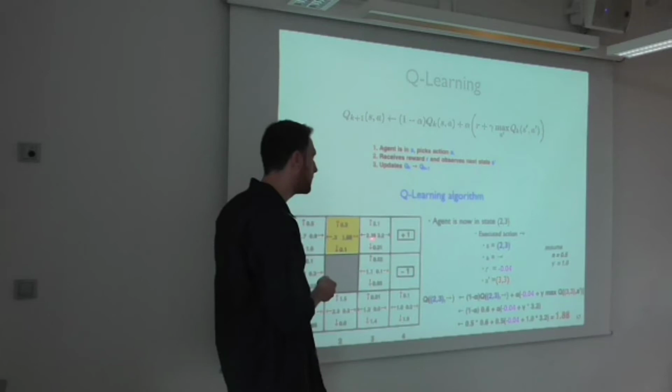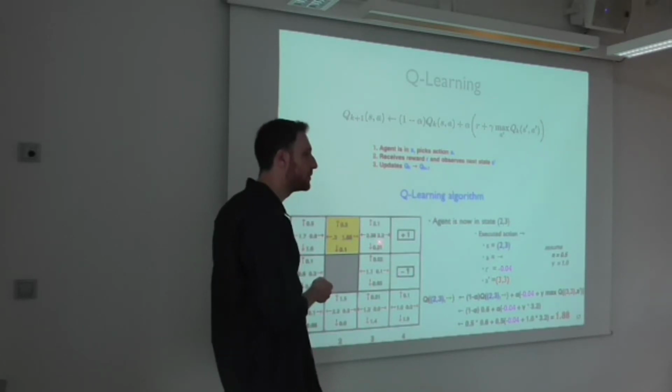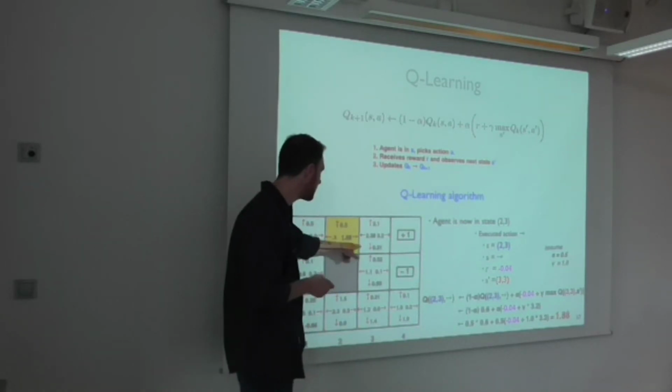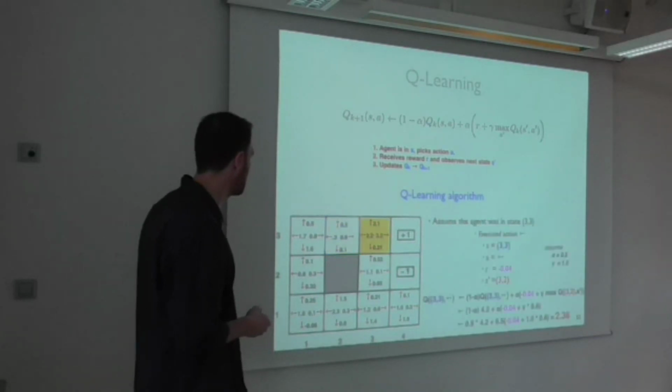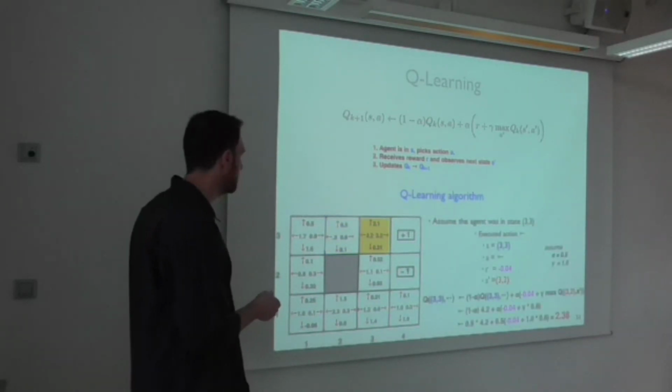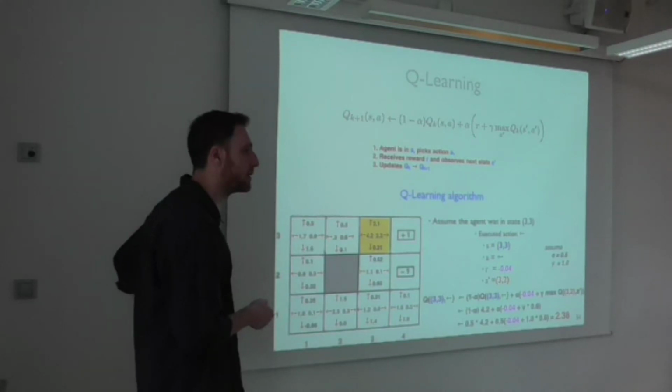And now 3.2 is much more desirable. But why did we execute an action to go to the other step? In what update step? This one or the first one that I showed before? The first one. From here, we know that 4.2 is good, right? Then we calculate the action value, which becomes 2.38.